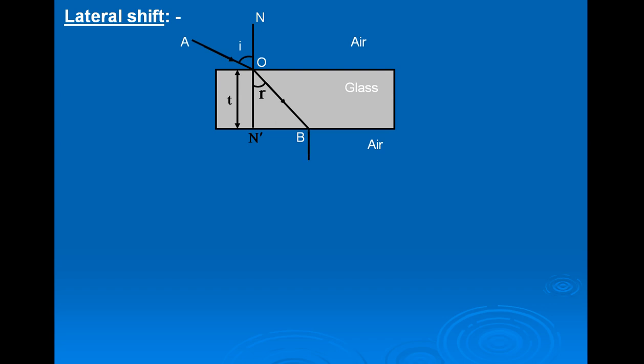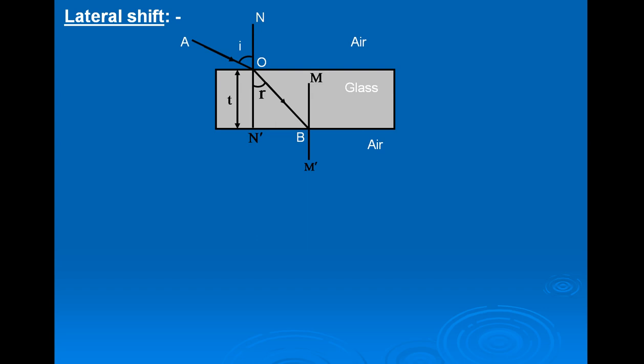From point B, this is the normal MM'. Now because the opposite surfaces of the glass slab are parallel, the normals NN' and MM' must be parallel.